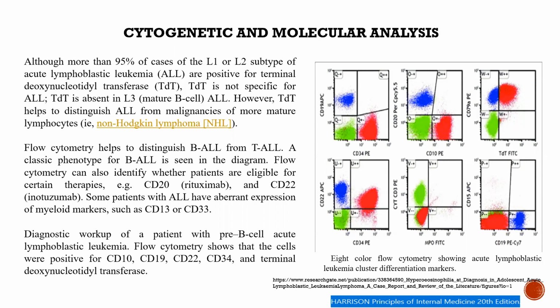Diagnostic workup of the patient with pre-B acute lymphoblastic leukemia includes flow cytometry that shows that cells are positive for CD 10, 19, 22, and 33, and the terminal deoxynucleotide transferase.